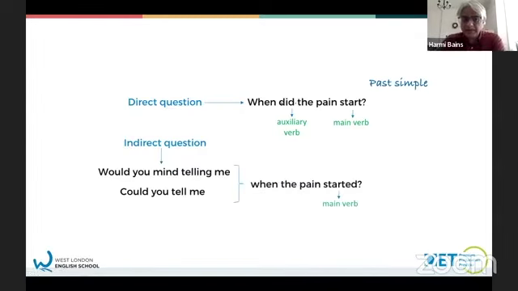Would you mind telling me? Or could you tell me when the pain started? And you can see what's happened. All that we have to do with the past simple is just remove the auxiliary verb and put the main verb into the past tense. So there's no real change in word order with the past simple.